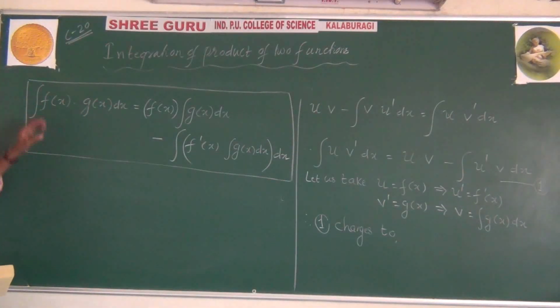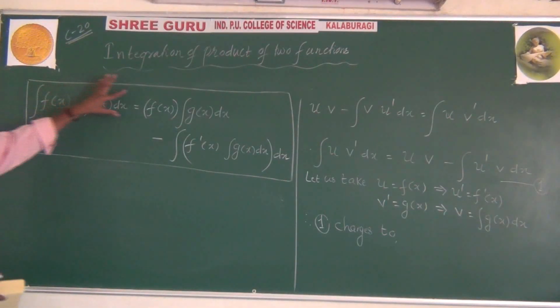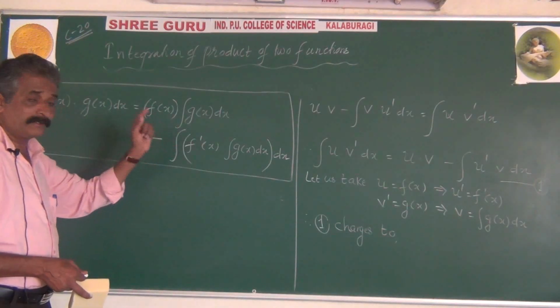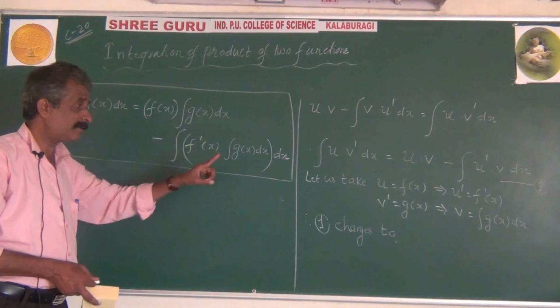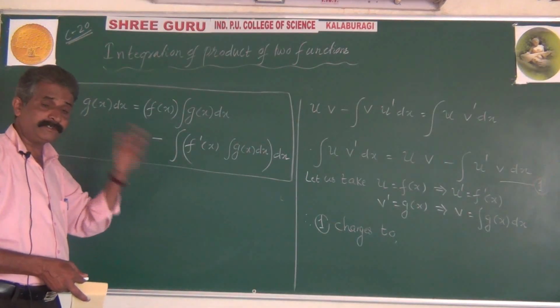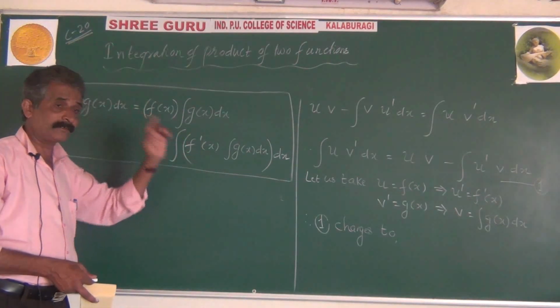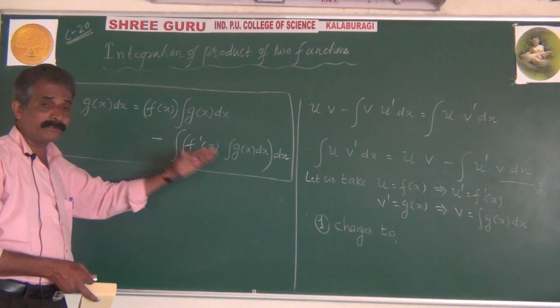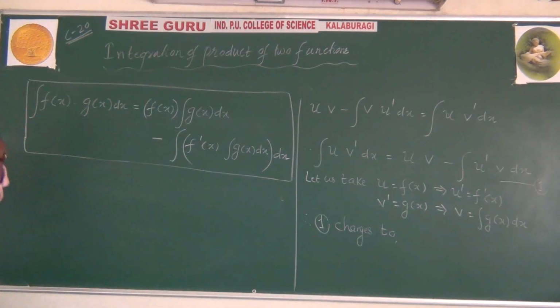That's the change. So f x as it is into integration of g x minus integration of f dash multiplied by integration of g dx. Here it is not like second function into differentiation of first, something different compared to our product rule of differentiation.